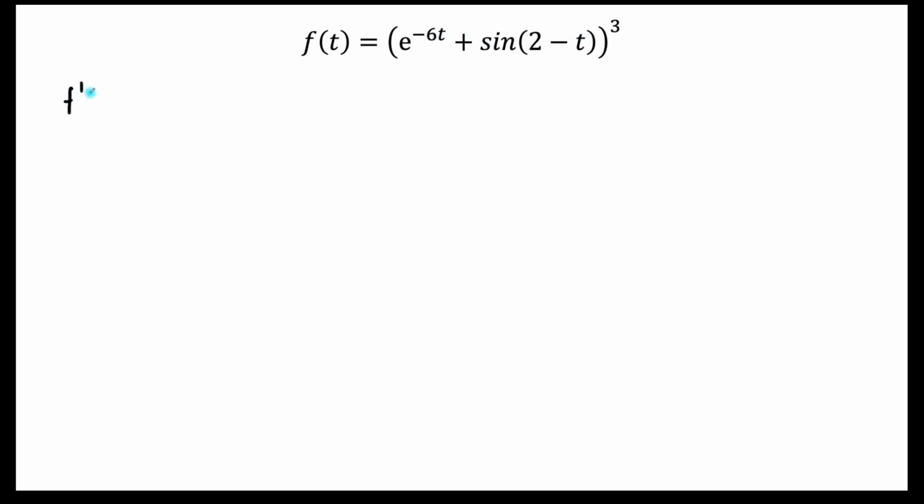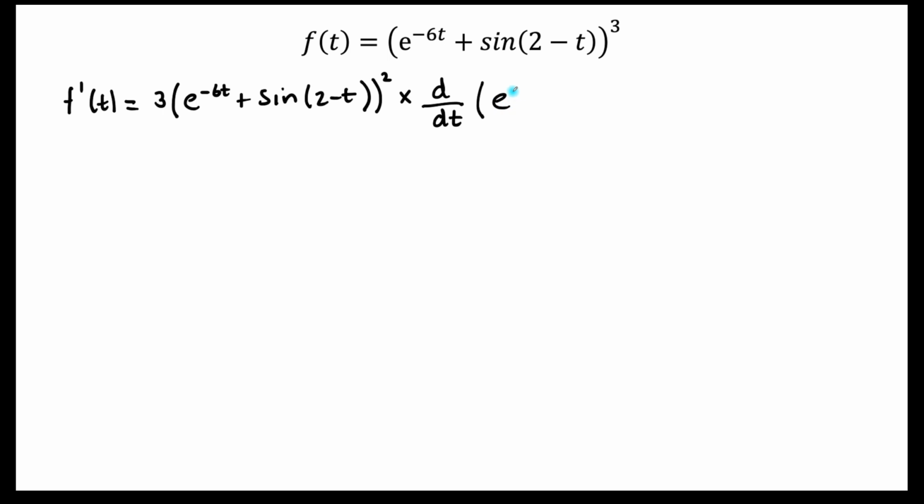So f dash t would give me, differentiating the outer part and keeping everything else the same, that would simply give me as follows. Reducing the power, this is me using the power rule, then multiplied by the derivative of the inner part, and the inner part is as follows, the one in the brackets.